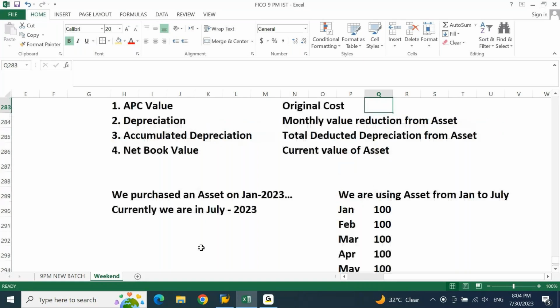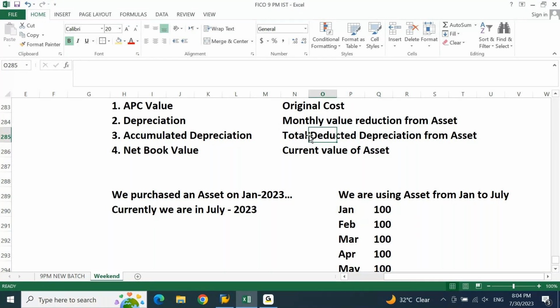That's what you have written here: monthly value reduction from the asset. In short, if I'm talking about depreciation, I have to specifically mention which month I'm talking about. If I'm talking about January, what is the January month depreciation? 100. If I talk about March, how much March depreciation?